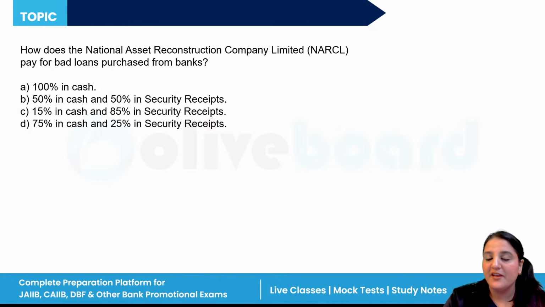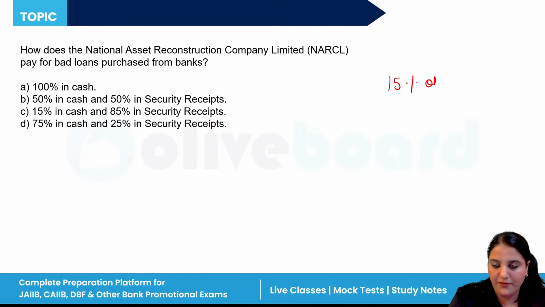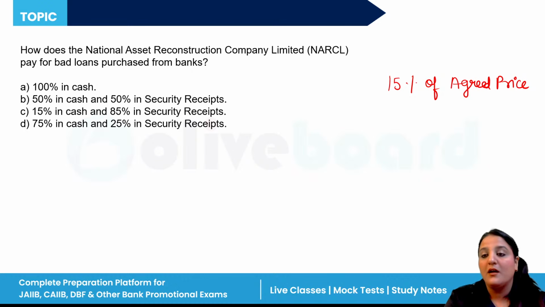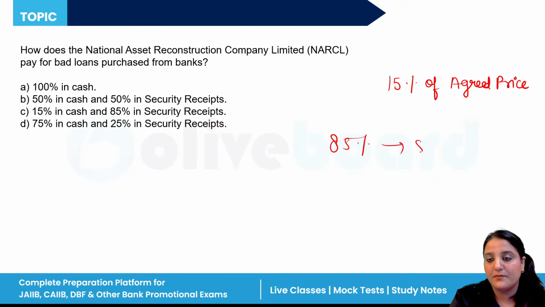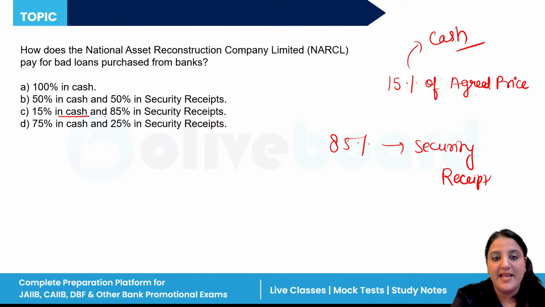It will pay 15% of the agreed price in cash, and the remaining 85% will be in the form of security receipts. So 15% in cash, 85% in security receipts.